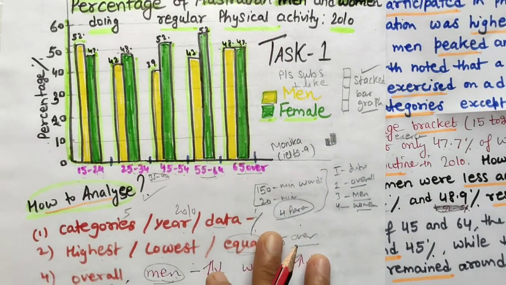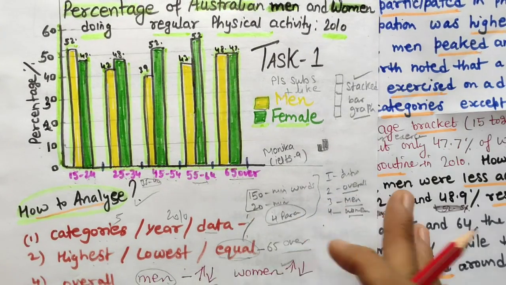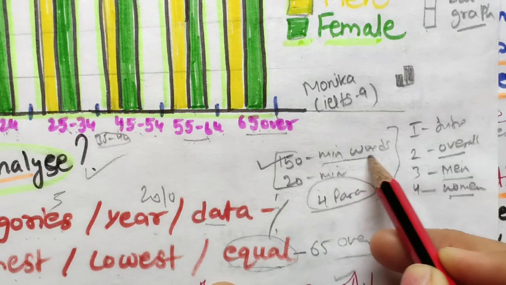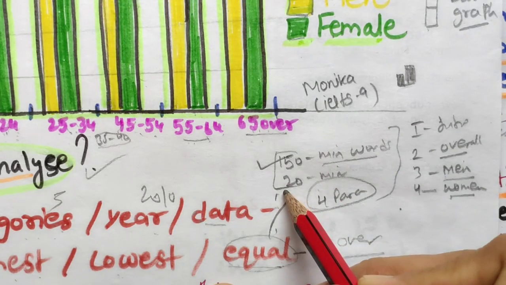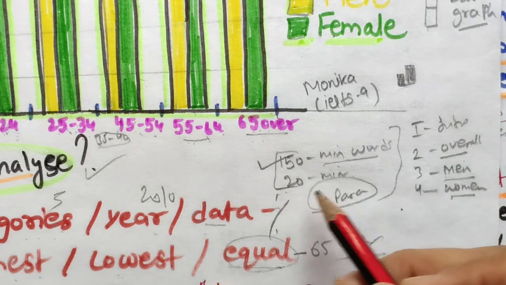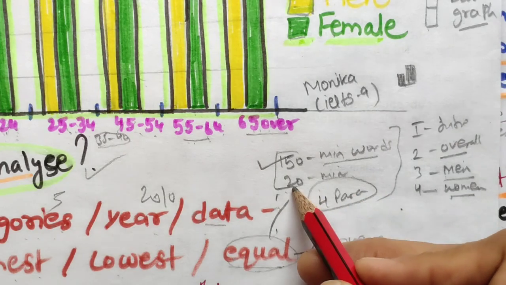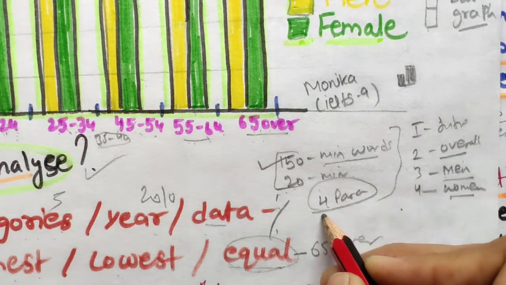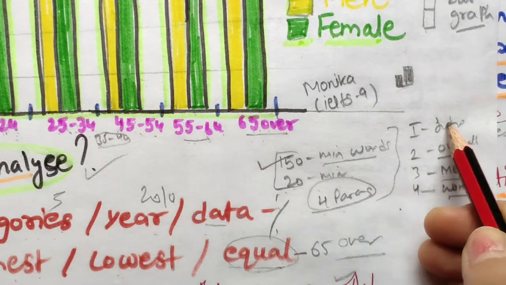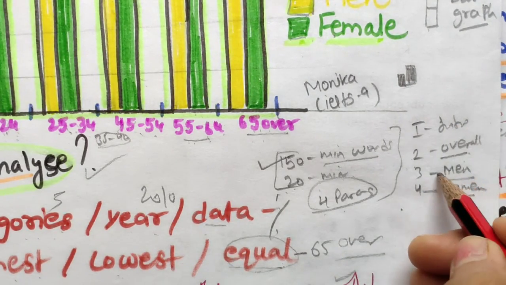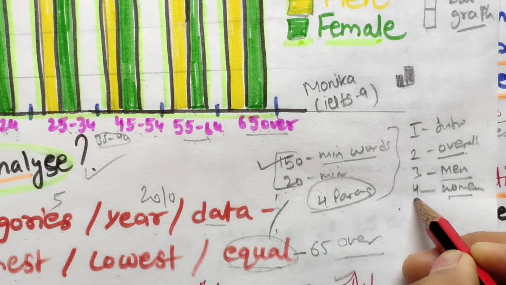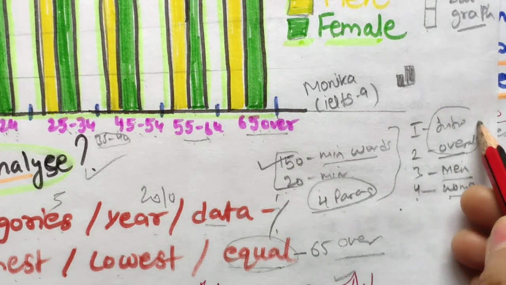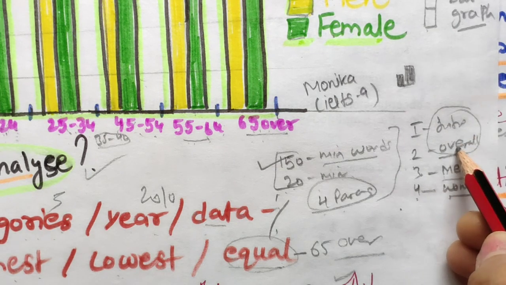Okay, now how to write the introduction. Before that, let me tell you some more things. As you know, we should write a minimum of 150 words, and they will provide you 20 minutes. Overall 60 minutes you will be given, and 20 minutes you have to spend on task 1, and then 40 minutes for task 2. You have to write 4 paragraphs. First will be the introduction, second the overall, then body paragraph 1, and then body paragraph 2. Students are often combining the first 2 paragraphs into 1 paragraph.